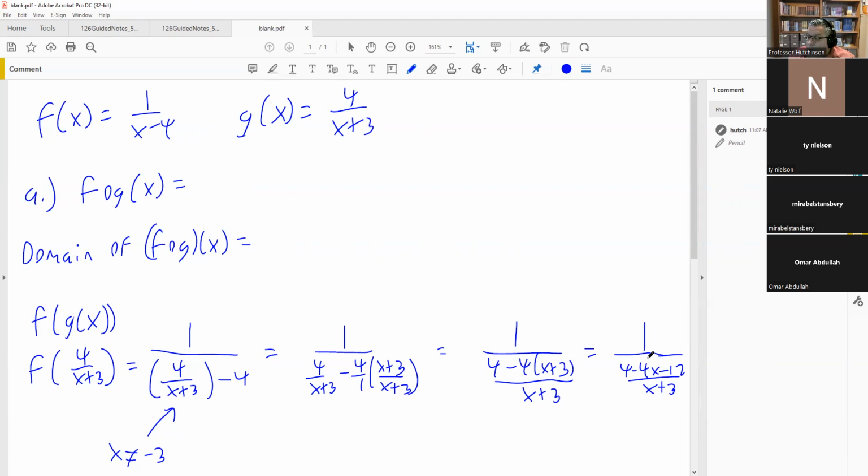And then I can combine like terms. So that's going to equal 1 over, so I have negative 4x minus 12 here. So the 4 and minus 12, I can combine together to get negative 4x, that's going to be minus 8, all over x plus 3.